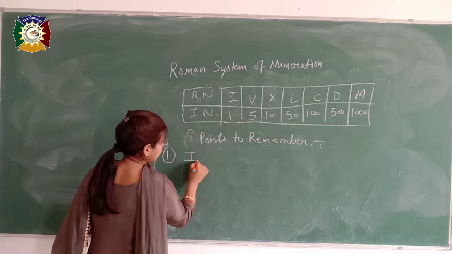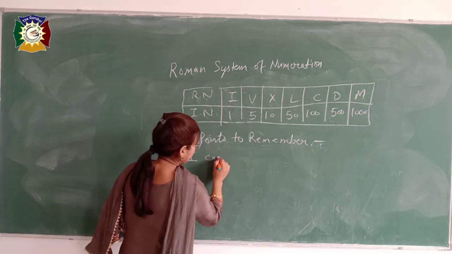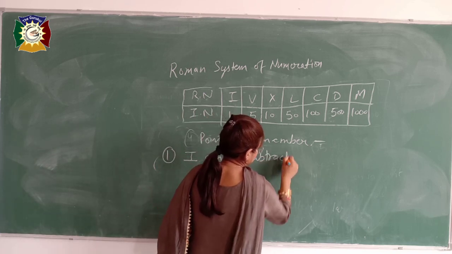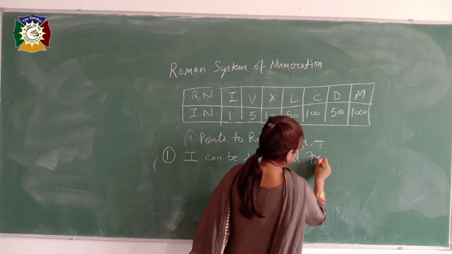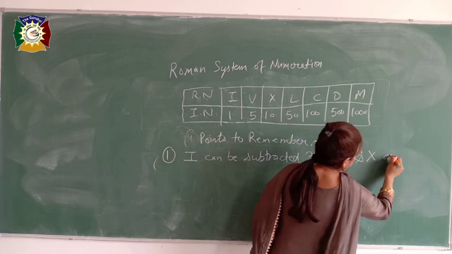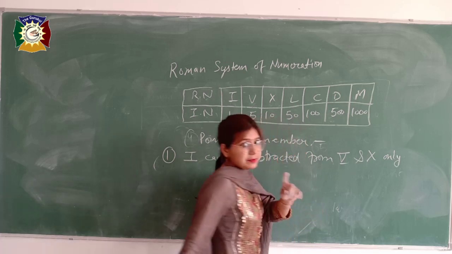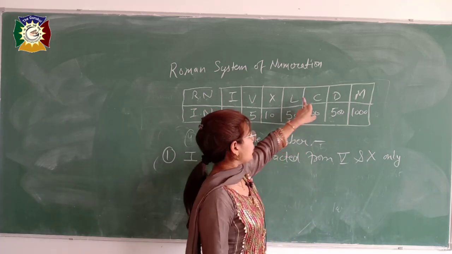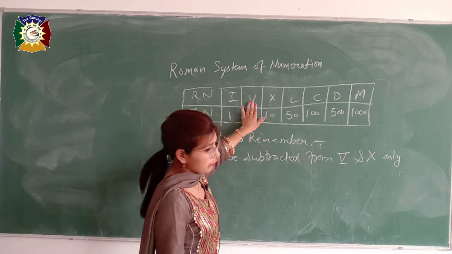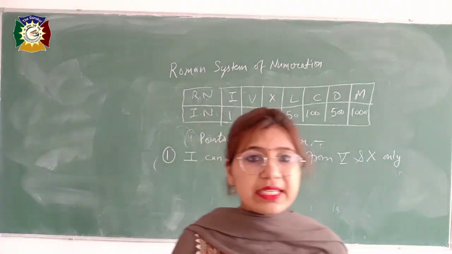I can be subtracted from V and X only. You can't subtract I from C or L or from D and M. Okay? I can be subtracted only from V and X.